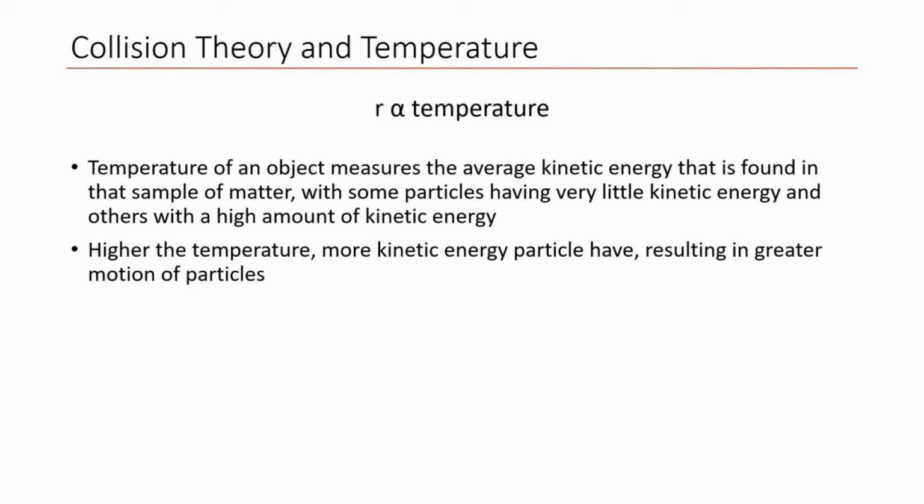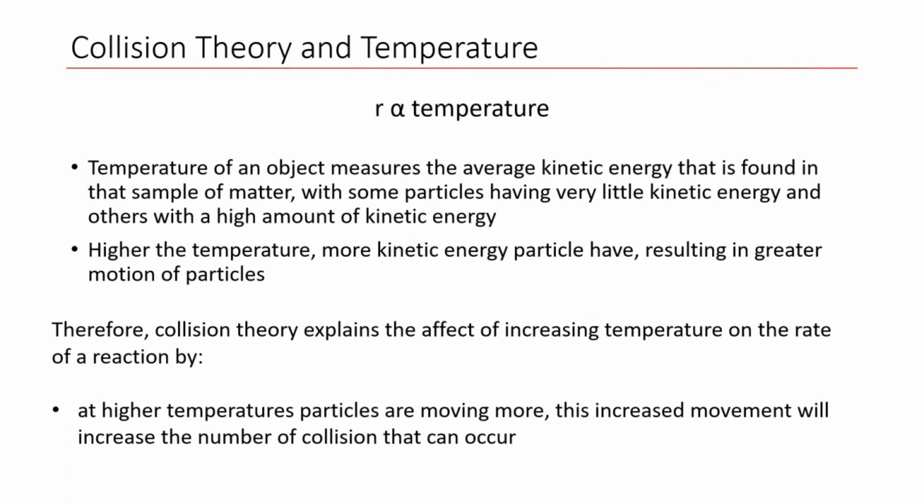When we looked at rate being a function of the number of collisions times the fraction of effective collisions, we said temperature would affect both. So at a higher temperature, my particles are moving more. This increased motion will allow for a greater number of collisions. So this is the first way in which temperature could affect the rate of reaction.